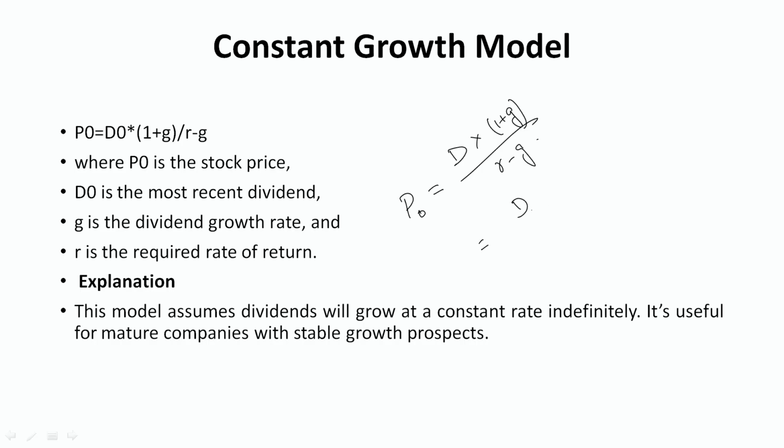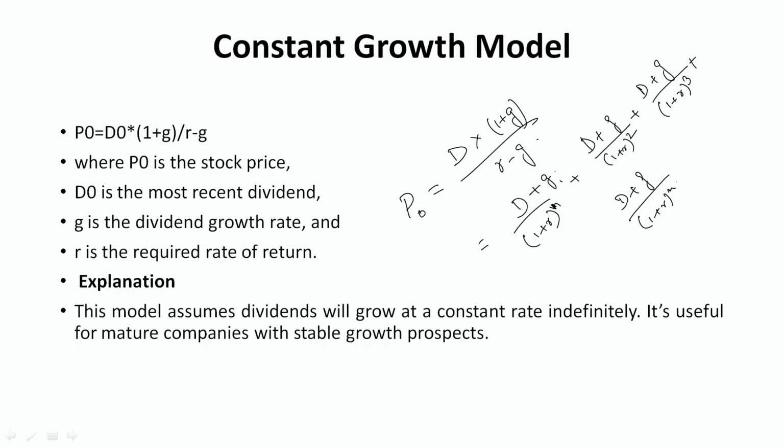It is dividend divided by 1 plus R to the power n, plus the growth factor, so G1, G2, it goes on. If it is the first year, let us assume growth factor G is the same: dividend plus growth divided by 1 plus R to the power 2, plus dividend plus growth divided by 1 plus R to the power 3, etc., divided by 1 plus R to the power n for the nth period.